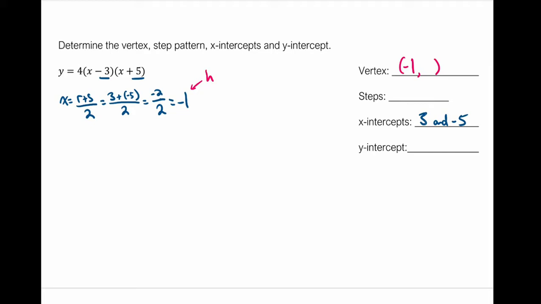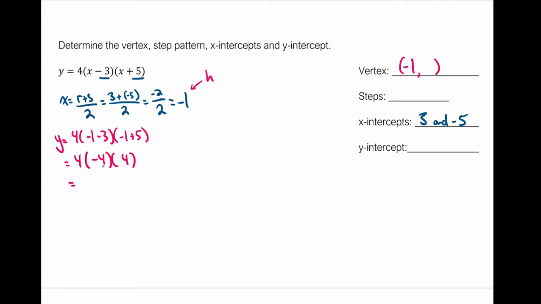I figure the second part out by subbing the h value into my equation for x. So y equals 4 times (negative 1 minus 3) times (negative 1 plus 5). Get 4 multiplied by negative 4 times positive 4.